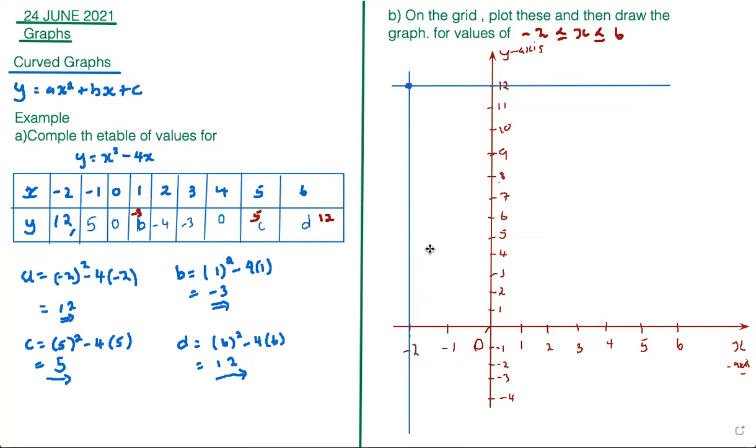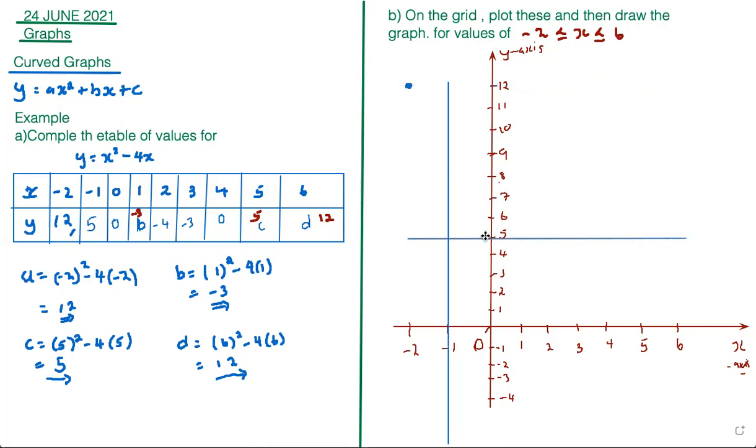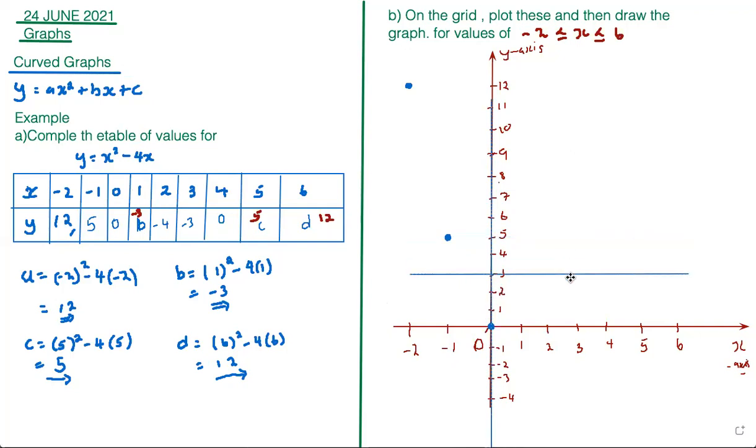Then when x is -1, y is 5, and they meet at that point. You can use the rulers, but you know how to plot anyway. Just to make sure, because sometimes you make mistakes. Then point 0, 0 is this point. If I moved those lines, they would meet right there.